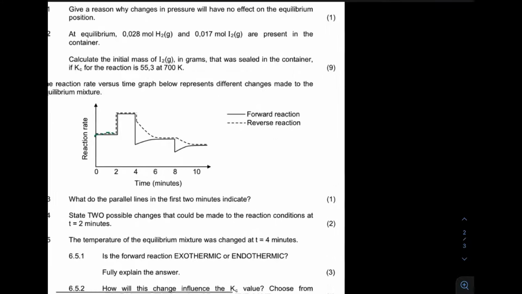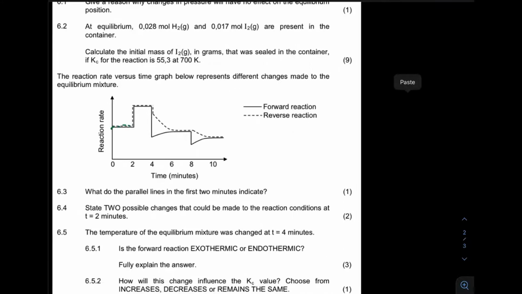At 2 minutes there's some disturbance. That disturbance tells us, because both rates of forward and reverse increased up until the system reinstated the new equilibrium, that there's an addition of what? Of catalyst, right? There's an addition of the catalyst.